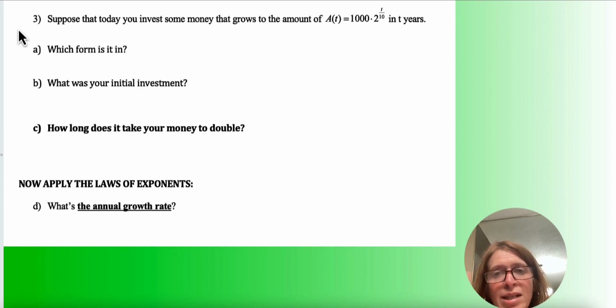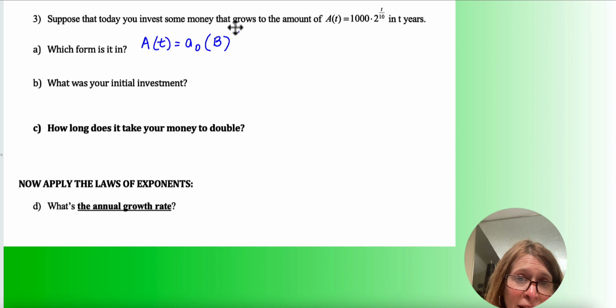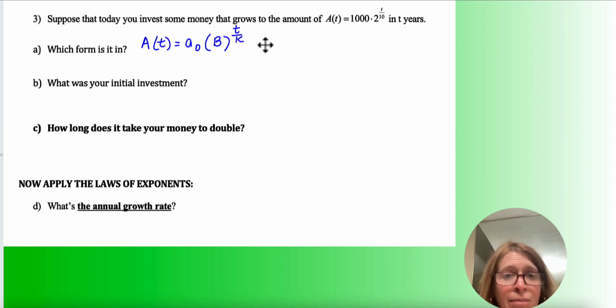Well, I want you to notice that the exponent is a fraction, so it's really of that form, A of t equals a sub 0 times b to the t over k, okay? All right, so you can see the b is not a percentage. It's a whole number. We would say that this is exponential growth by a factor of 2. Now, that is a percentage. It's actually 100%. But that's the form it's in.